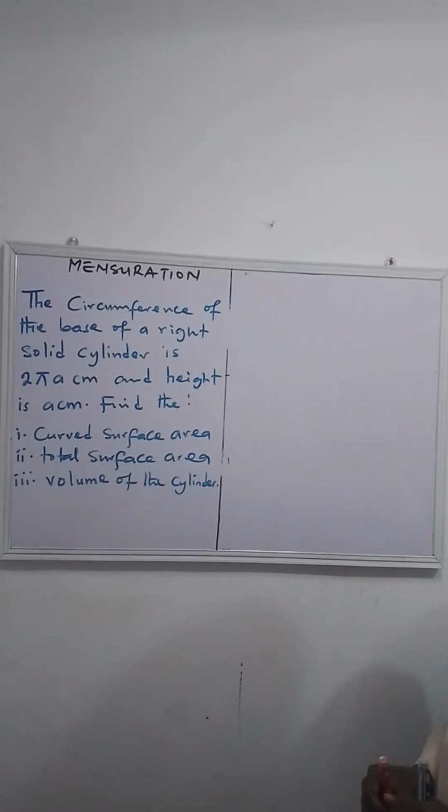You have to find 1, the curved surface area, 2, total surface area, 3, the volume of the cylinder.